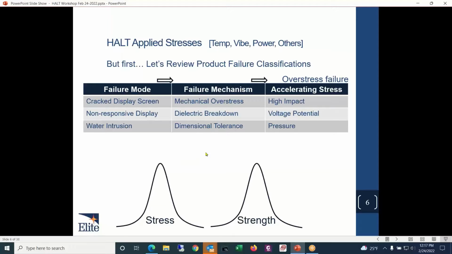Same thing if you've got a cell phone and you're trying to protect it from water intrusion. What might be the failure mechanism behind the fact that you're not passing a water intrusion test? Well, maybe it's a quality issue. It's some sort of dimensional tolerance problem where the product does not seal, it does not fit right, and that's really the cause of the water leaking into the cell phone at this point: a dimensional or tolerance mismatch.